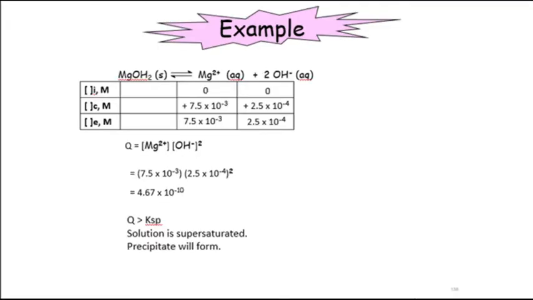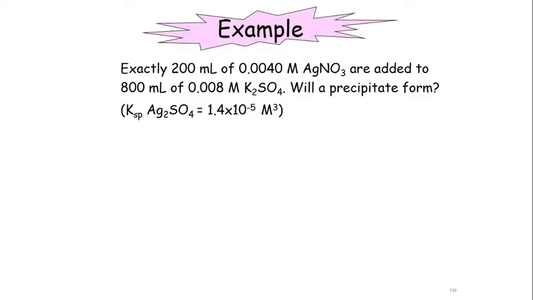If we compare the value of Q and the value of Ksp given in the question, we will get Q is greater than Ksp, the solution is supersaturated, and precipitate will form. The same goes for the second example.